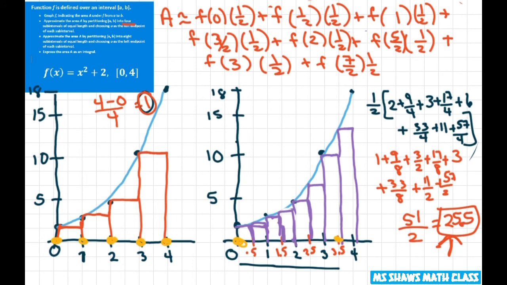Now we're going to write this as a definite integral and evaluate. So the definite integral is going to look like this. We're going from 0 to 4. Write your function here. Then you write dx here. Now to evaluate the area under the curve, we're going to integrate this.